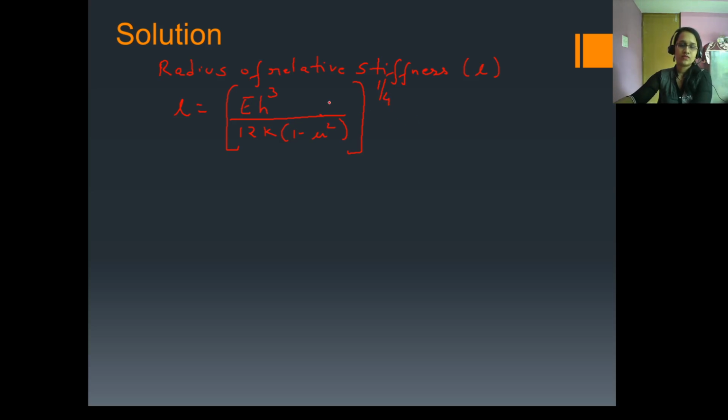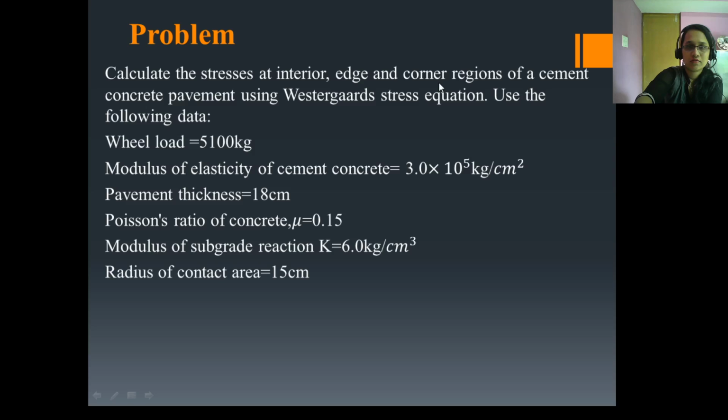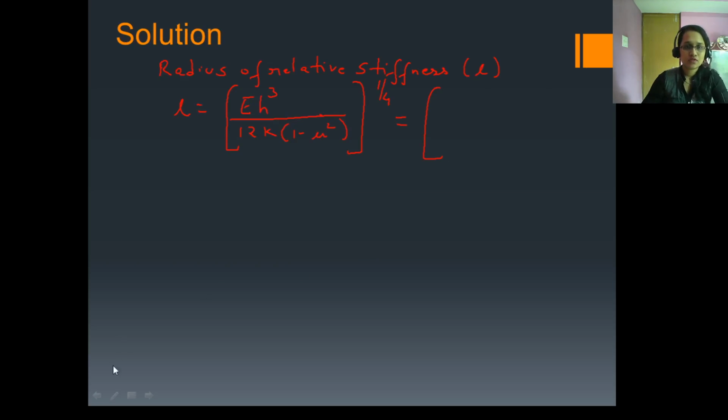Substitute these values, E, H, K, nu, which are given to us in the problem. E is given as 3 into 10 raised to 5, H value is given as 18, K value we know as 6, nu value is given as 0.15. So let us substitute it in this equation here.